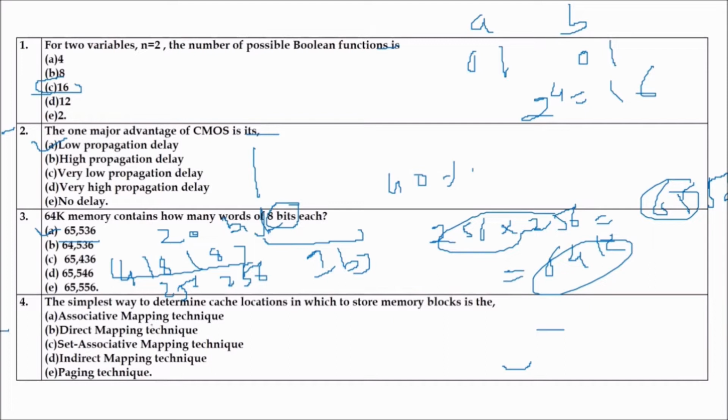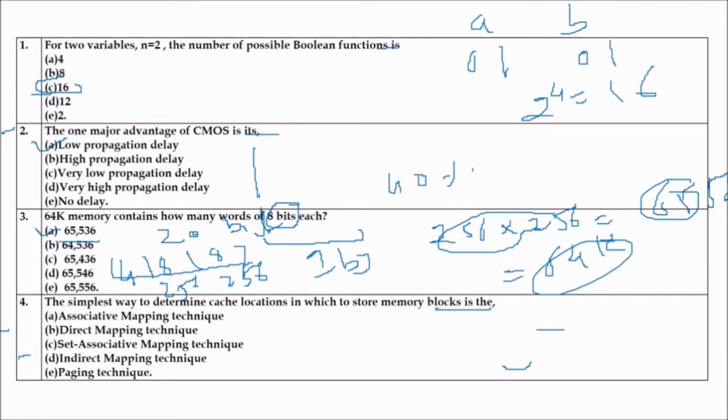Next is, the simplest way to determine cache location in which to store a memory block is the dash. These are 4 options for you. Can you guess the answer and give it to me?